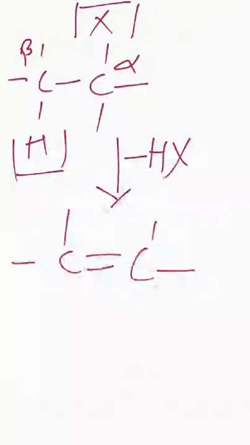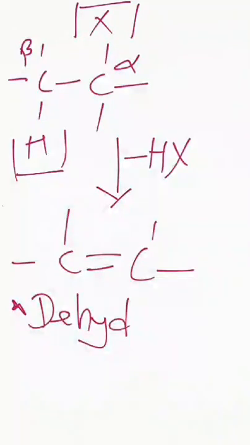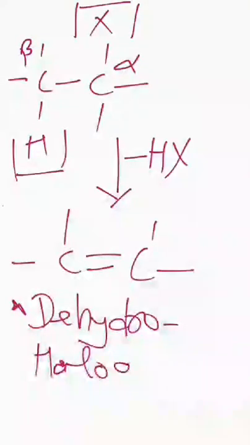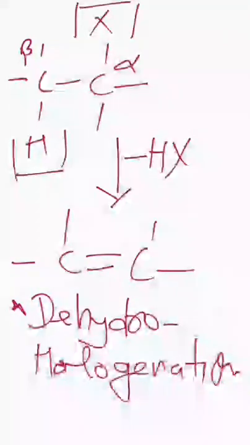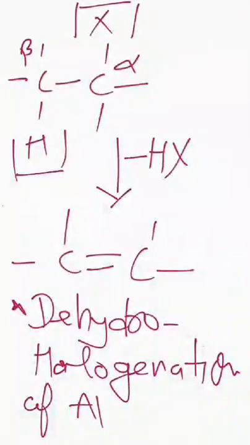So what are the typical examples of beta elimination reaction or elimination reaction? There are some typical examples of this reaction, as we have dehydrohalogenation of alkyl halide.